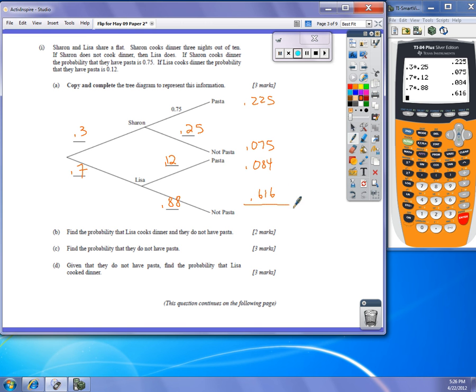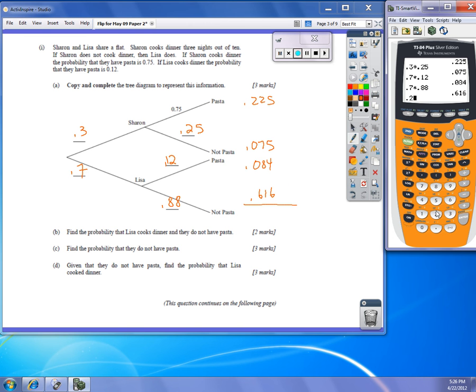And then I would add those all up, because that will double check that you did your multiplication correctly. And what should those all add up to?